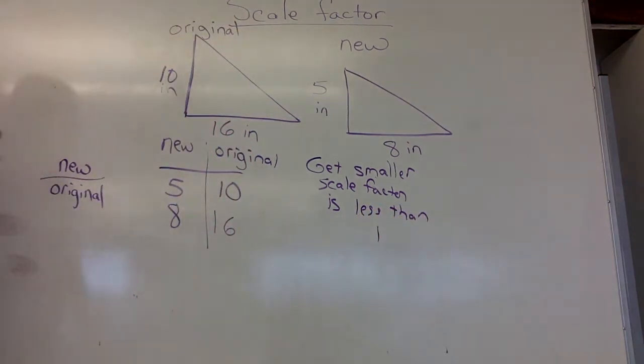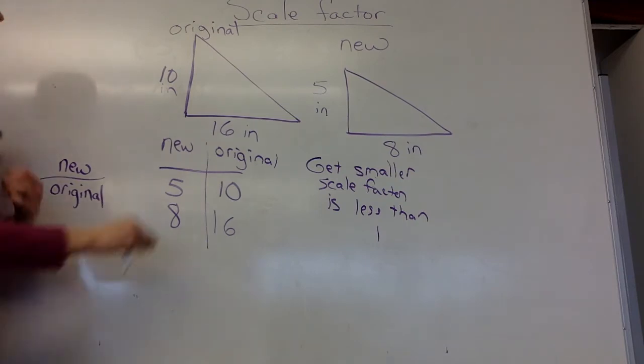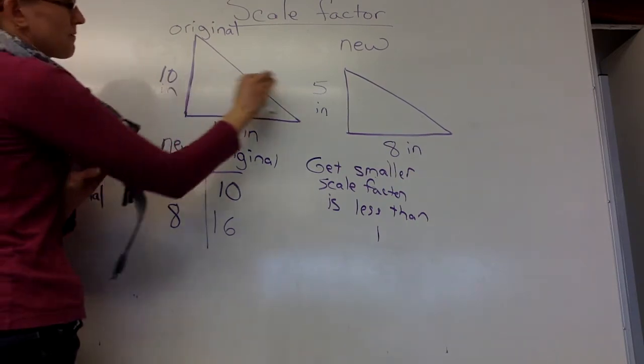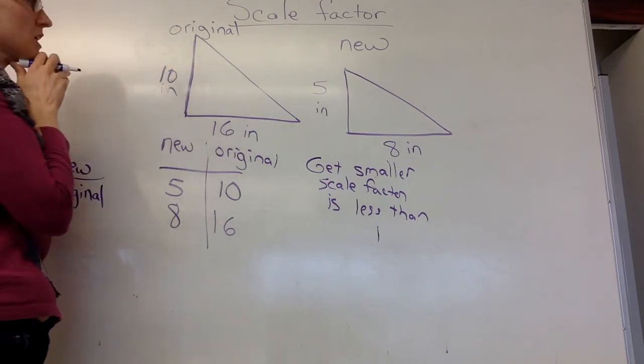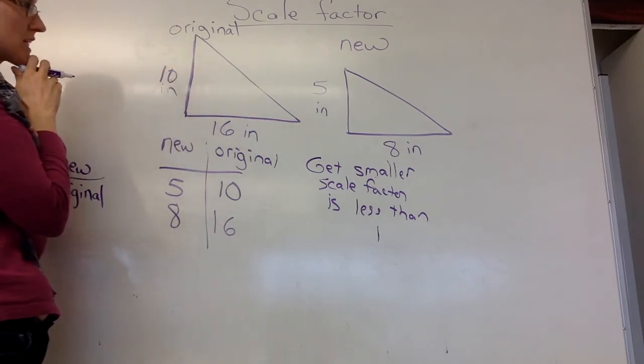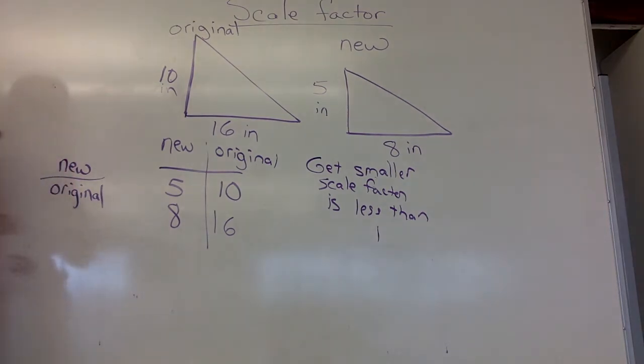Okay. So let's think about this. So if I'm going from 10 to 5, what am I doing here? I'm actually dividing it by 2, right? So from dividing something by 2, I can guess that my scale factor is going to be 1/2.